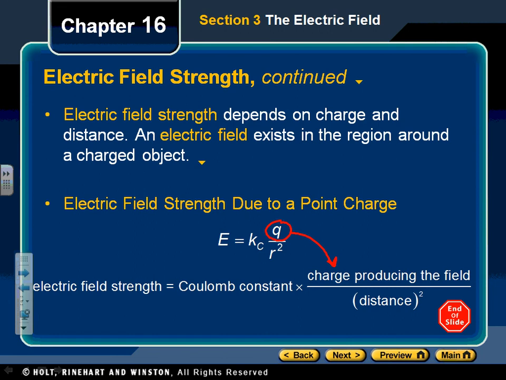That should look familiar. It's very similar to gravitational strength. If you remember, gravitational force was equal to the gravitational constant times mass 1 times mass 2 divided by radius squared. Very similar equation.